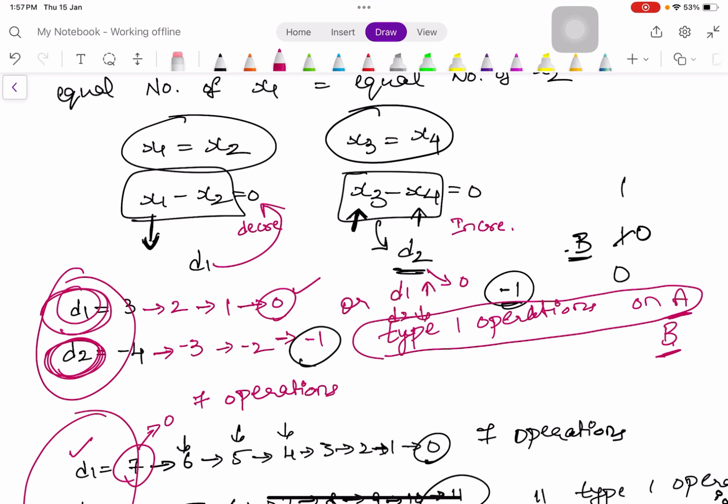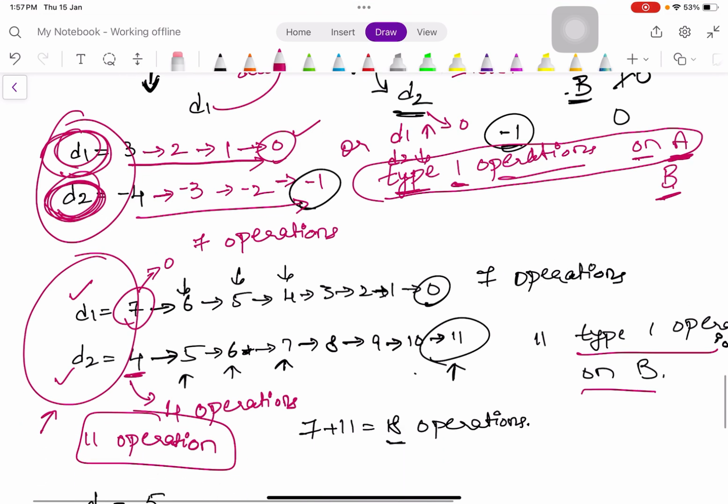Either of these two will happen, right? So at the same time, both of these values are actually going towards 0. Here 3 was moving towards 0, even -4 was moving towards 0. So when both of these are moving towards 0, then performing type 1 operations on string A is better.